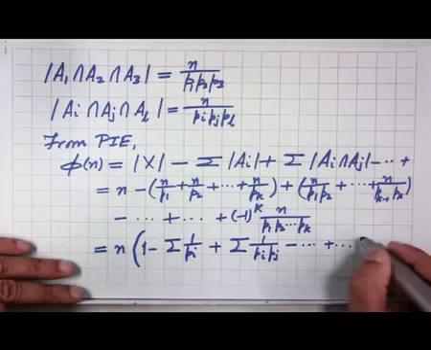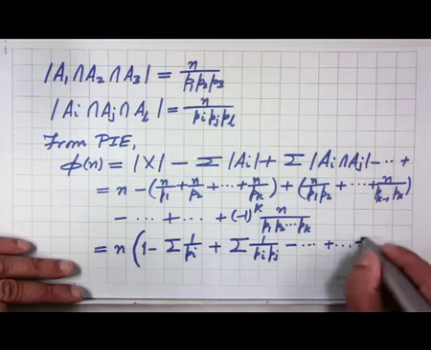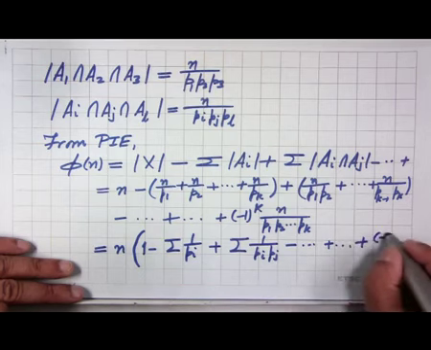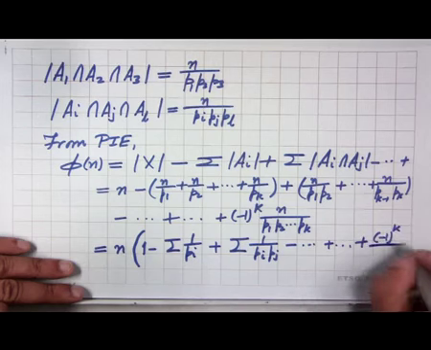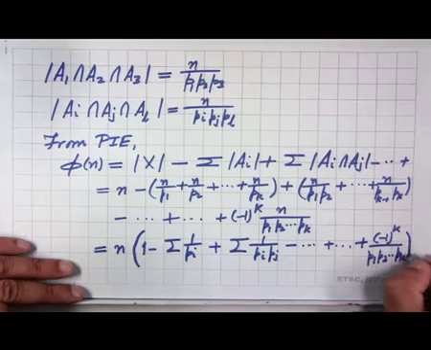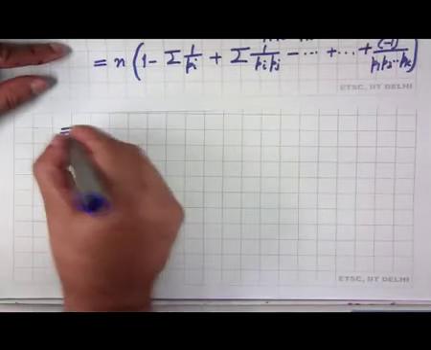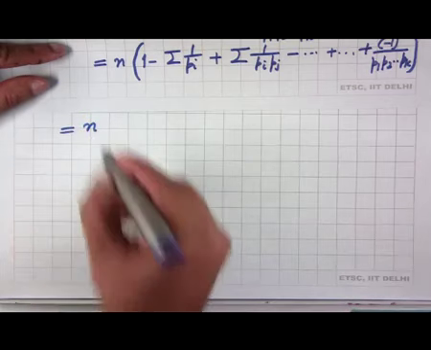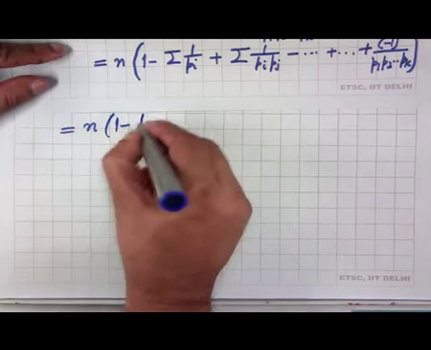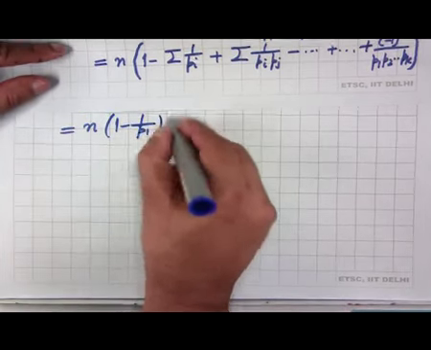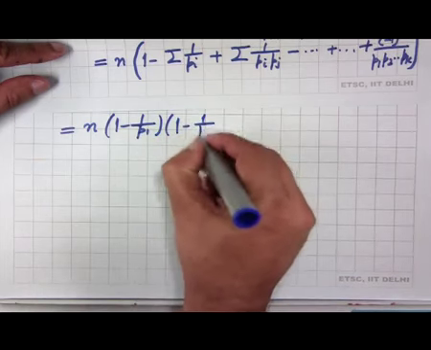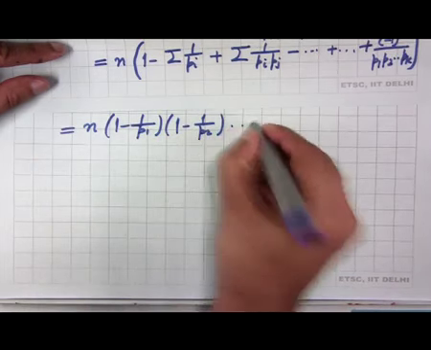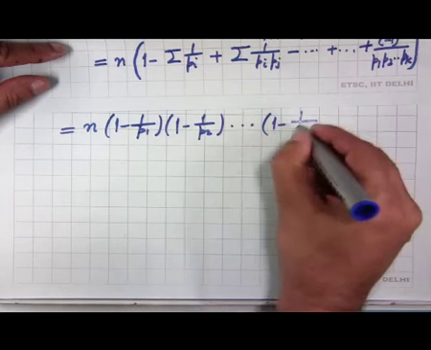I can write the last term, doesn't help a whole lot, but it's a single term, there's no summation there, minus 1 to the power of k over p1, p2 till pk. I probably just about have space to sneak this in. So this is equal to n, and check this out. This is 1 minus 1 over p1, 1 minus 1 over p2, dot dot dot, 1 minus 1 over pk.